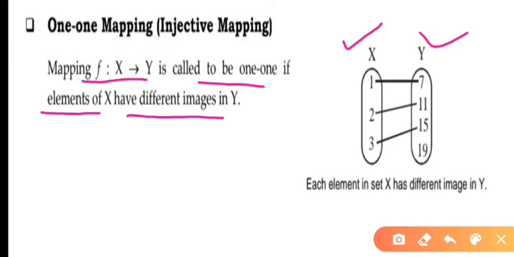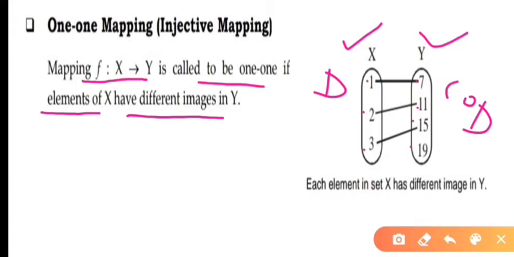See, in the arrow diagram we can clearly see set X is the domain and set Y is the codomain, where X consists of 1, 2, 3 and set Y consists of 7, 11, 15 and 19.